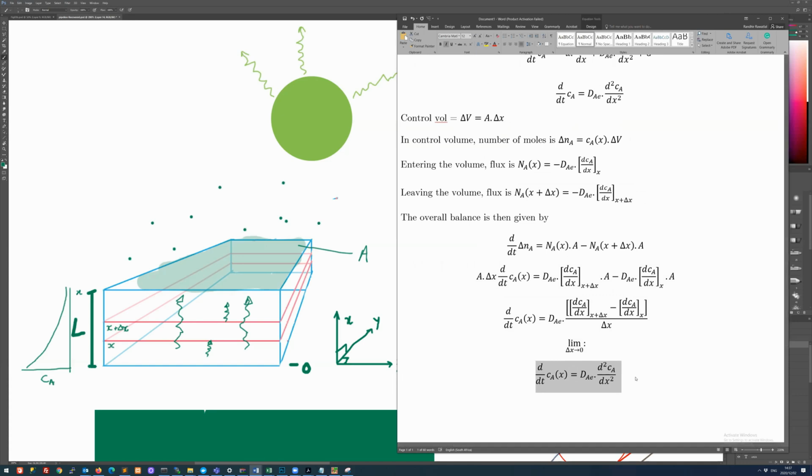Okay, so that's the first part of this. The second part is then to establish the boundary conditions to solve this problem. And so let's think about what's going on here first. Number one, we know that initially through the slab, we had the same concentration everywhere of water, right?